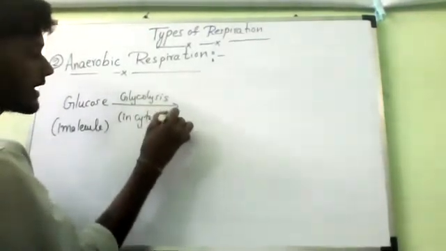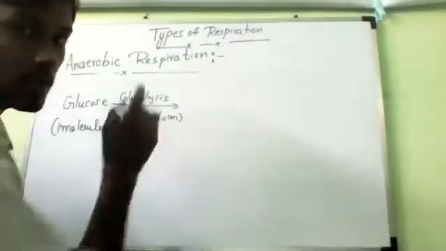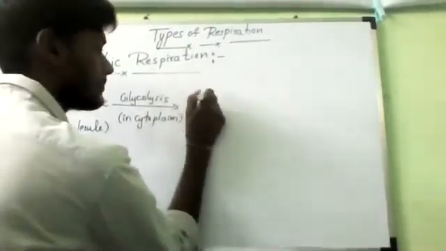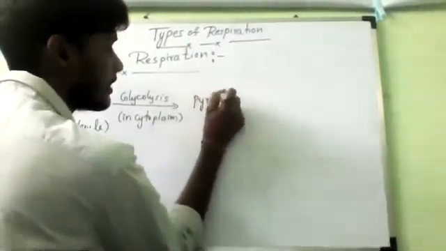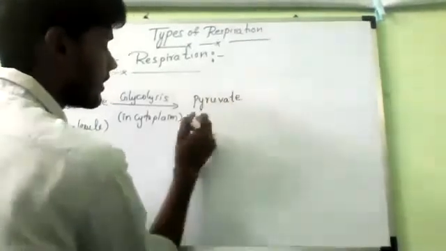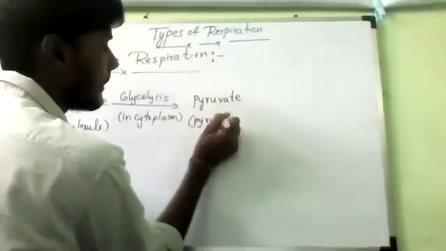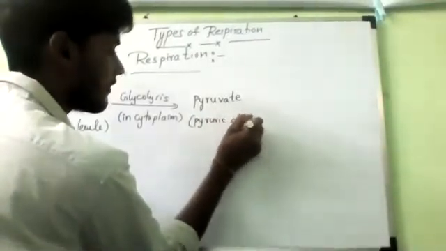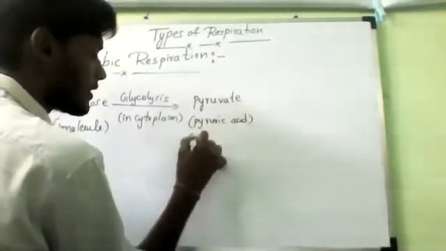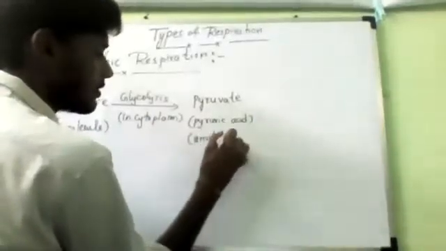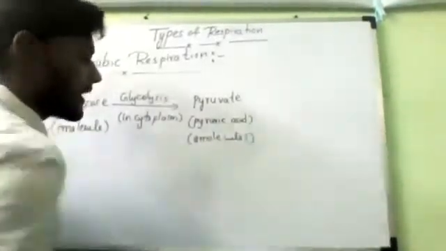In the cytoplasm. It will be converted into pyruvate, also called pyruvic acid. How many molecules? 2 molecules.